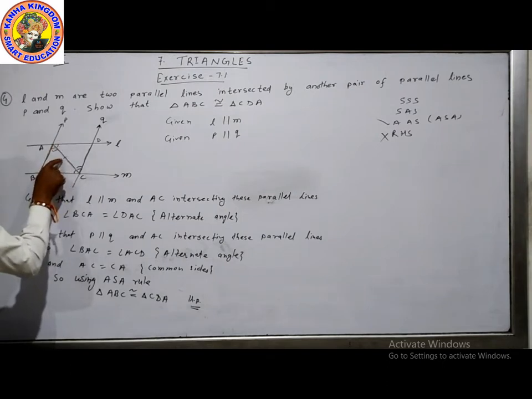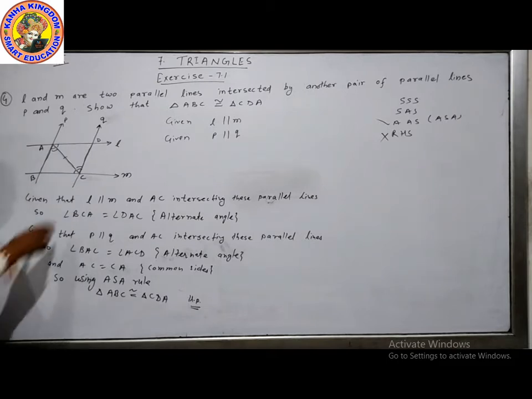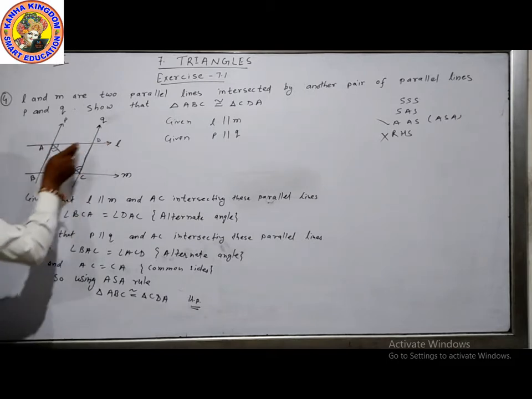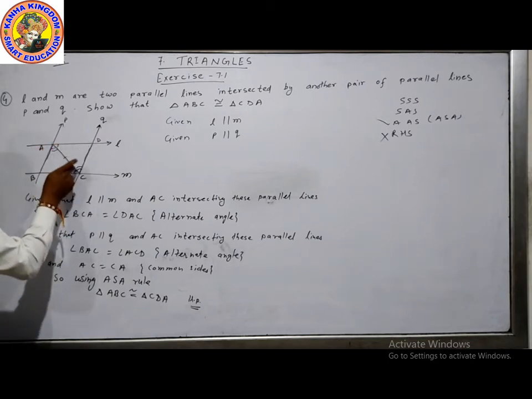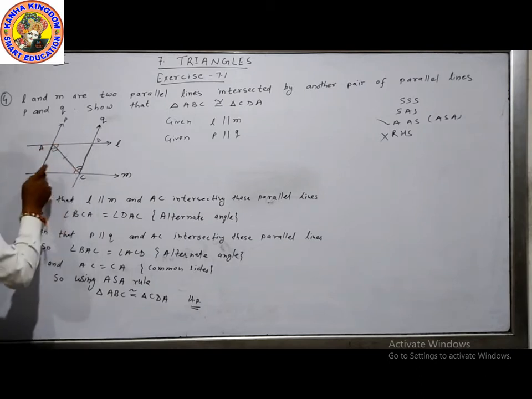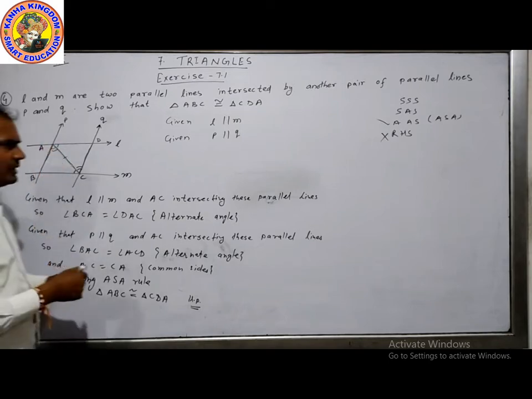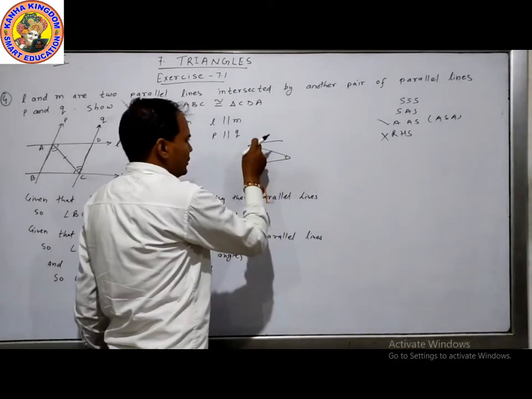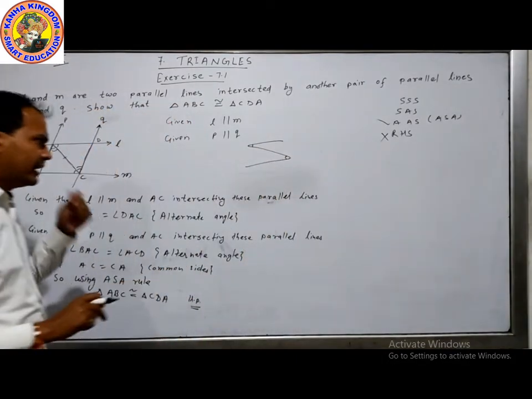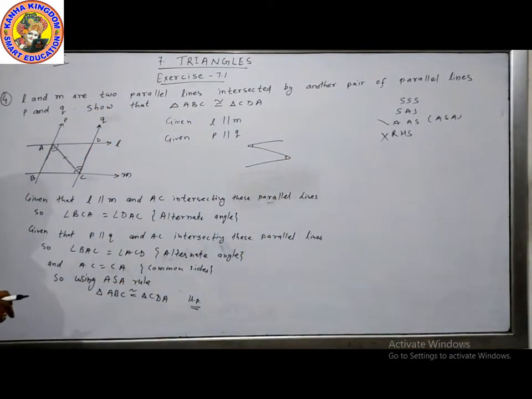This side is common, so it is equal, and then L and M are parallel lines. AC intersects them, so we can draw a Z. When we draw a Z in parallel lines, these are alternate angles, and alternate angles are always equal.